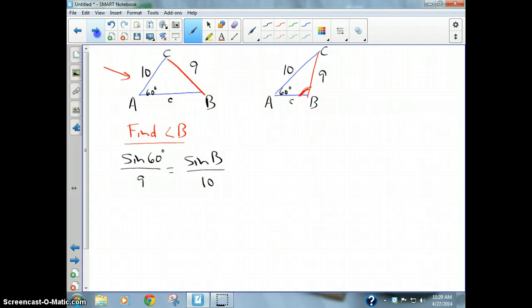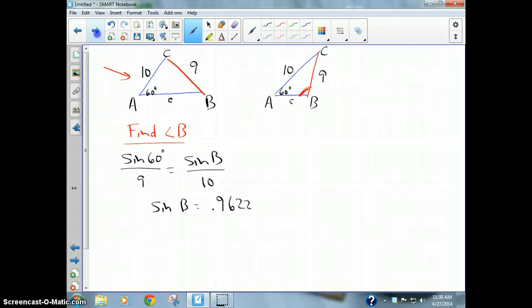Now, if you cross multiply and divide, you will find out that the sine of B is equal to, let me work this out on my calculator, 10 times sine of 60 degrees divided by 9. And what you're going to get is the sine of B is 0.9622.